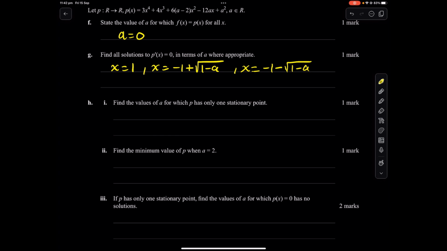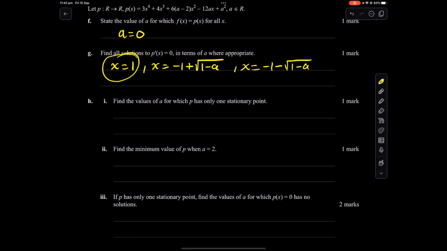Find the values of a for which p has only one stationary point. Okay, look at this. We already have one stationary point over here. That's one solution. We want to make sure that these two don't exist. Because they have 1 minus a, we know that there cannot be a negative number in a square root. So what if we say the inside, 1 minus a, is less than 0.